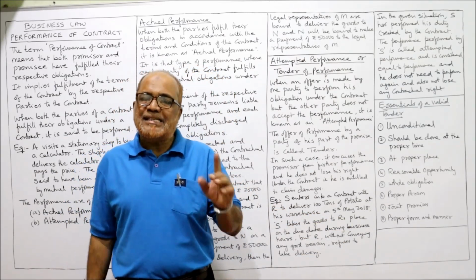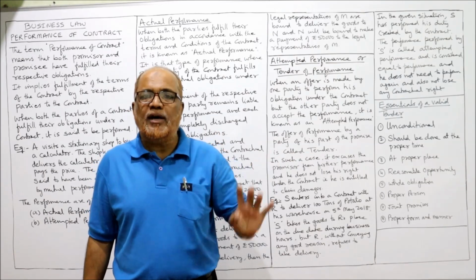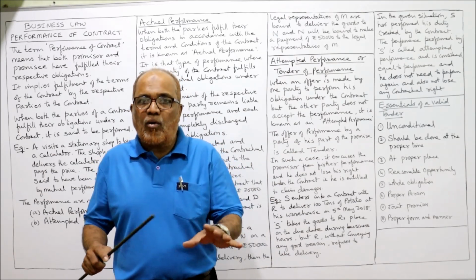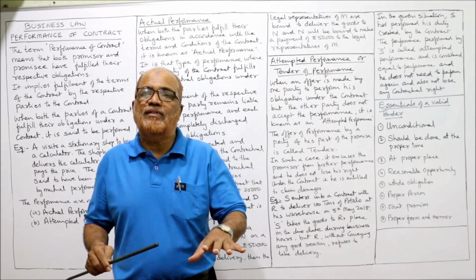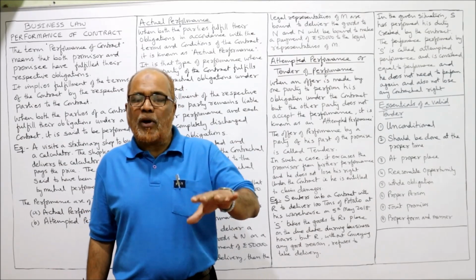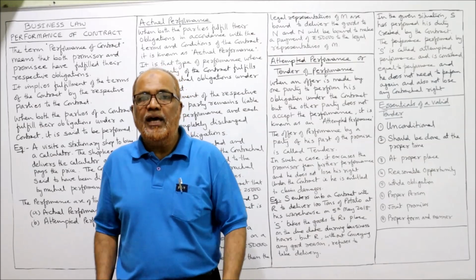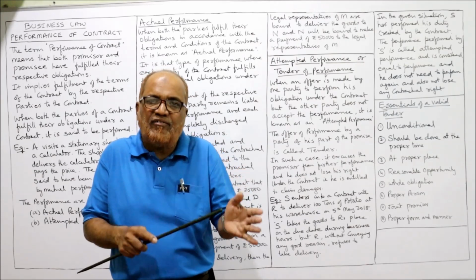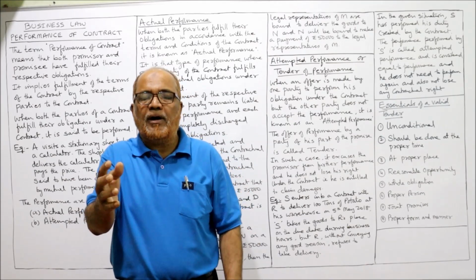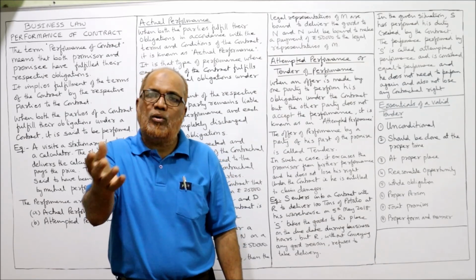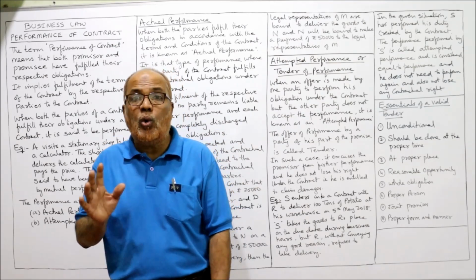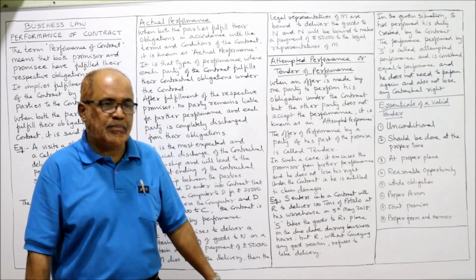If there is no single promisee but two or three joint promisees, then according to the terms of the agreement, the promise should be completed on behalf of all the promisees, or if any representative promisee is there, then the performance should be done to the respective promisee only, not to an unauthorized person.